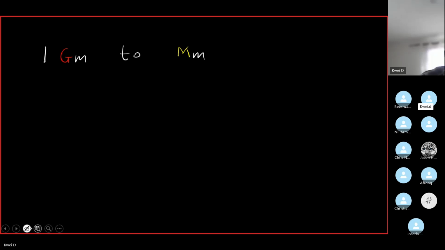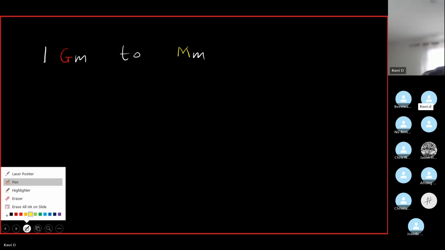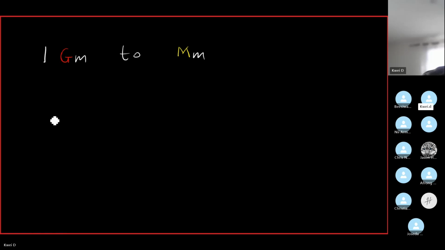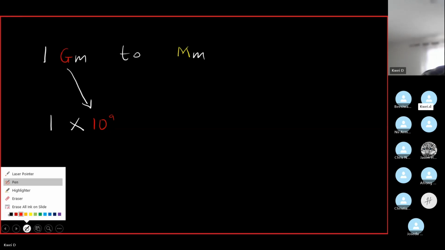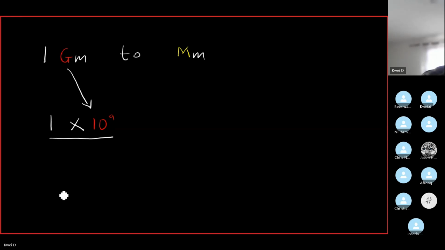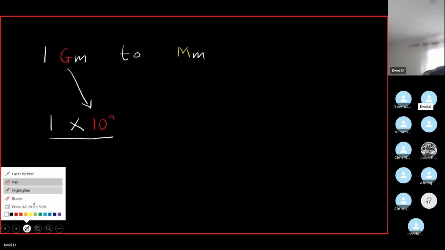So what will you do? You first write 1 times the prefix to move it to the basic unit. So 1 times 10 raised to the power 9. That will change it to the basic form, which is 1 billion, 1 and then 9 zeros, right? Then to convert it to the mega, you divide it by the prefix you are converting to. So mega is 10 raised to the power 6.